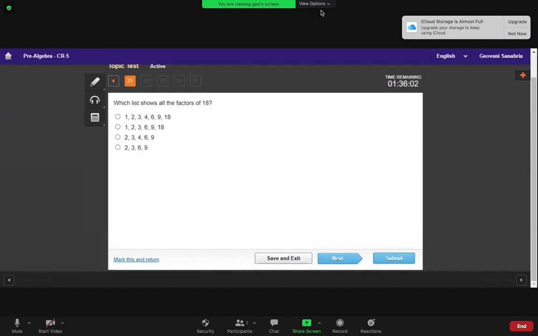So you could just do 18 divided by 1, that works. 18 divided by 2, that works. 18 divided by 3, that's 6 times 3, that works. 18 divided by 4, I don't think works, because it'll be 16. 4 is not a factor. So then it can't be A. So check the rest of them. B, I think so. 6 times 3, 9 times 2, and then 18 times 1. Yep.